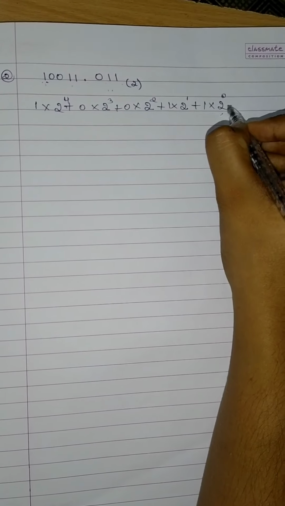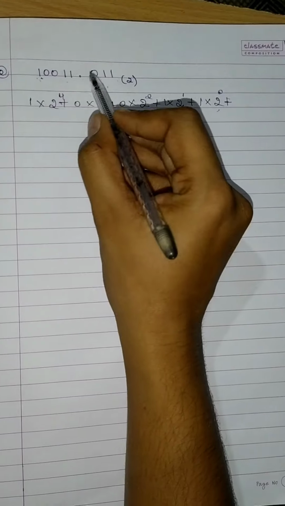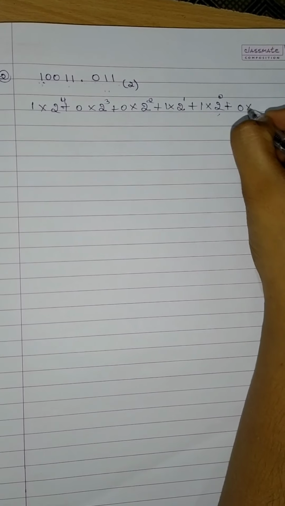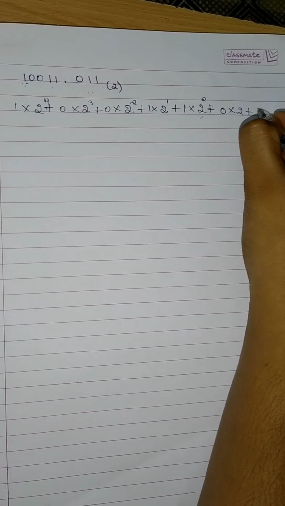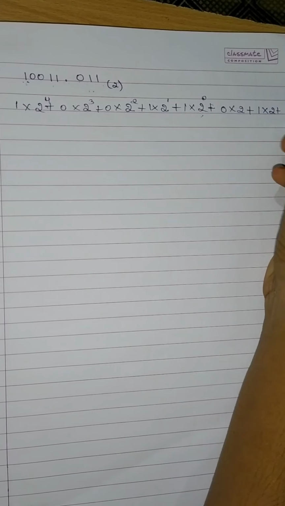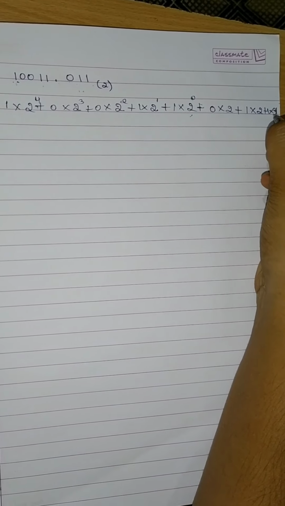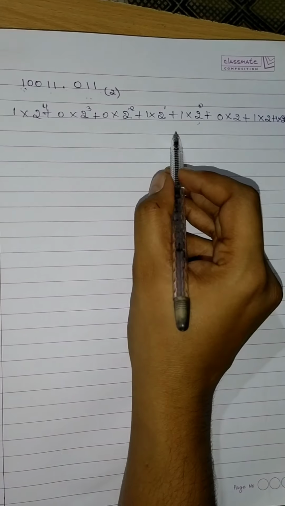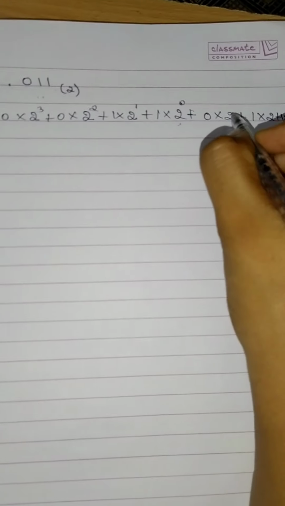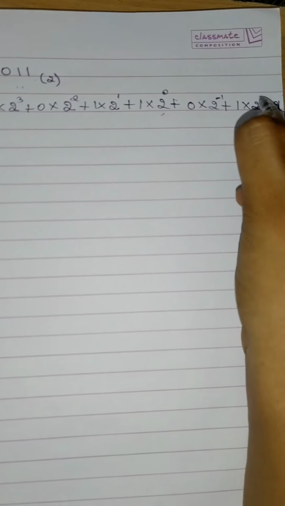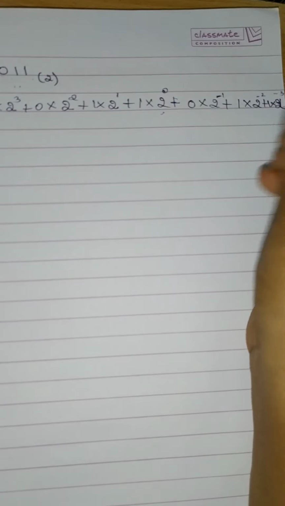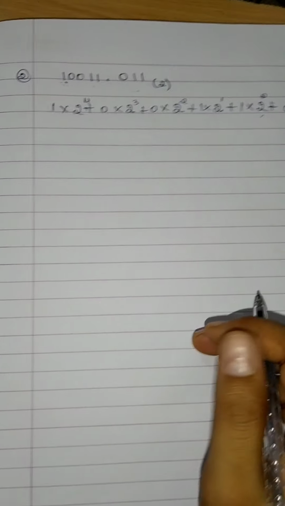After that I have to take plus, then the 0 into 2 plus 1 into 2 plus another 1 into 2. Okay, so we need to give the negative weightage for this. So what we have to do: 2 power minus 1, 2 power minus 2, then 2 power minus 3.